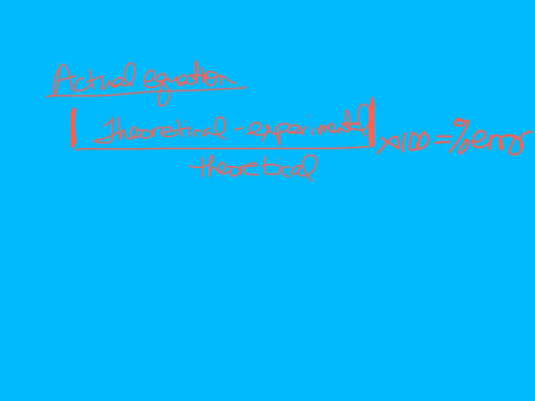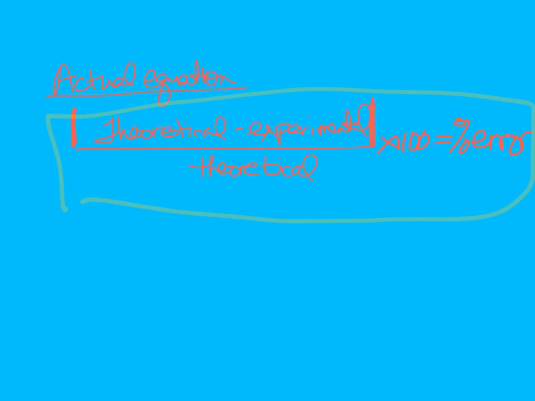So the theoretical minus experimental here, that is your error. And then you're going to divide by what you should have gotten. Okay, this equation here, I want you to put on your handy dandy equation sheet because you are going to use it a lot. Regular physics, you're done. You can stop the video now.